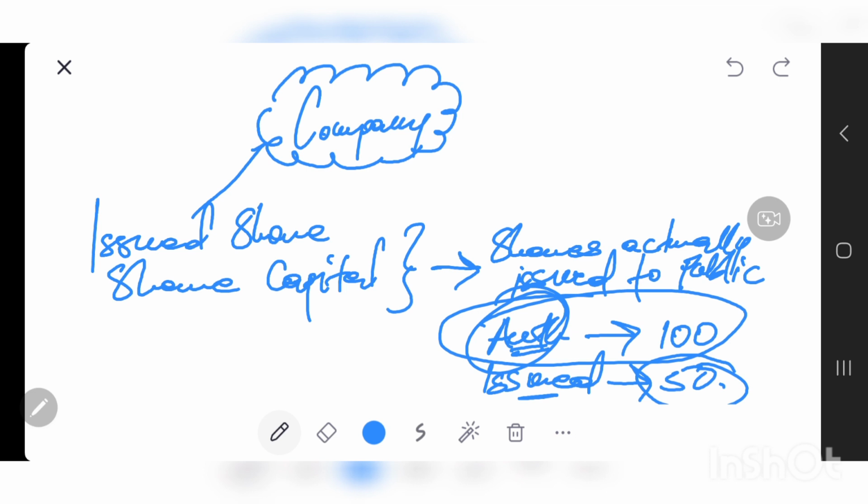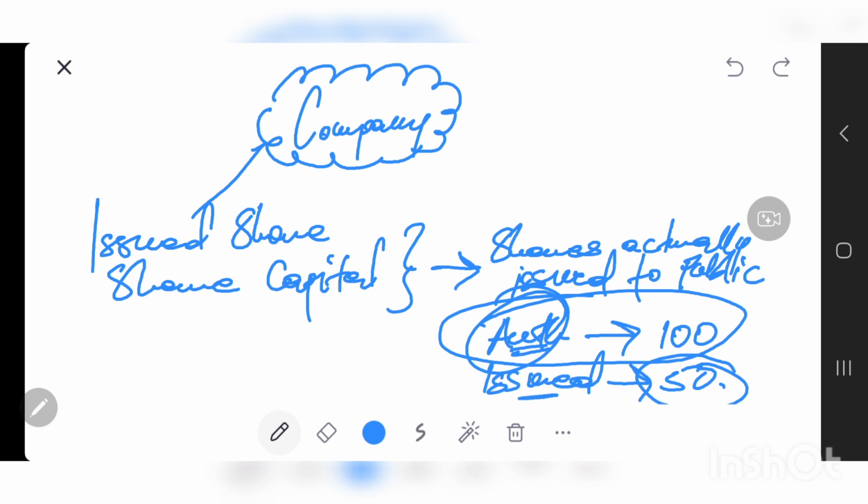Even right now, if you want to buy shares from MTN, they are there. You can just create an account with a broker called Easy Equities, and then buy shares there and be an owner of MTN South Africa.